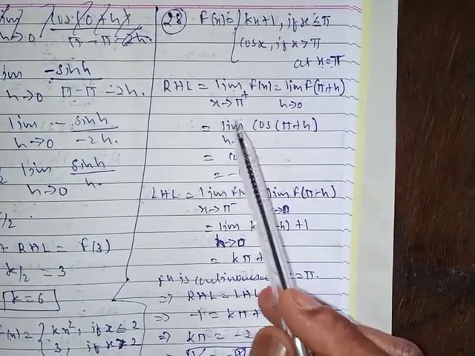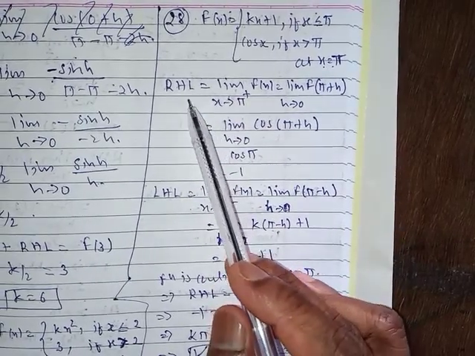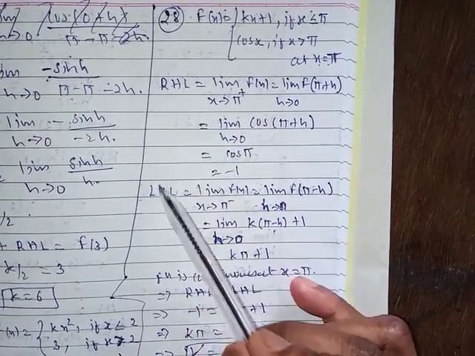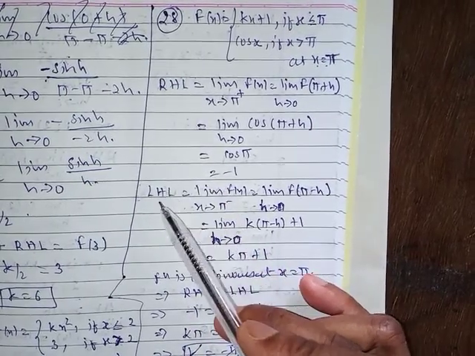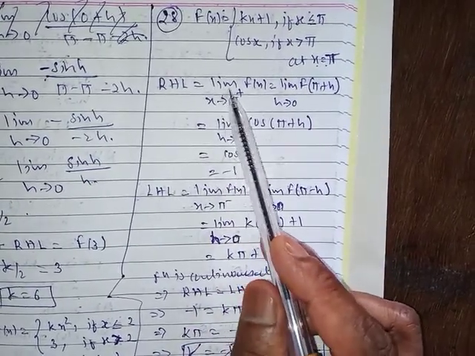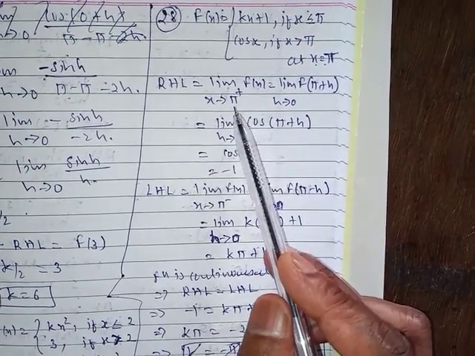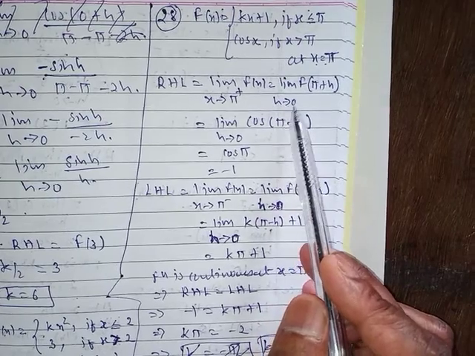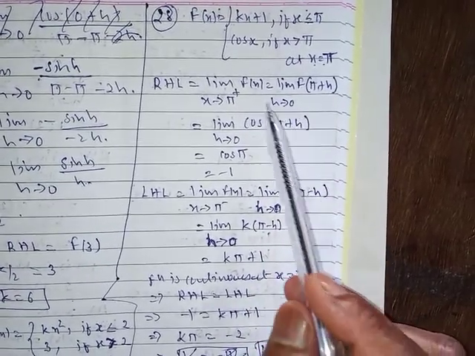So again the function is continuous, therefore LHS is equal to RHS. So right hand limit is equal to left hand limit. So limit x tends to pi plus f of x is equal to what? Limit h tends to 0 of f of pi plus h. What is that?